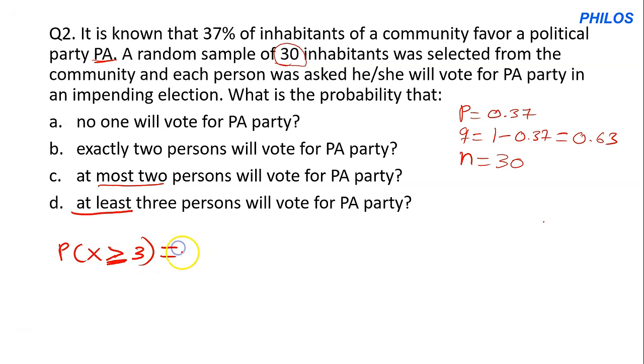Okay. Now to find at least 3, it's going to be probability that x is exactly 3, because we say 3 or more, right? Or probability that x is exactly 4, or probability that x is exactly 5. You do that up to n, okay, up to probability that x is exactly 30.